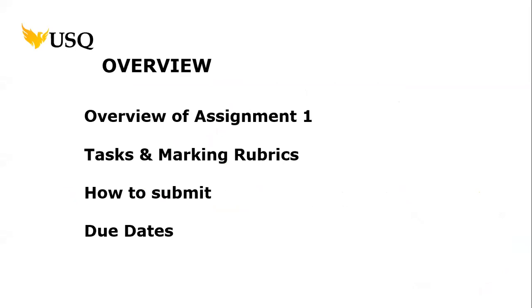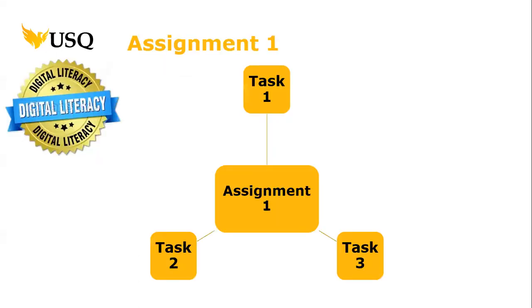And you may already know now that there are 3 different tasks in assignment 1. We will talk about them separately along with their marking rubrics. And I will talk about some information in relation to submission requirements, which is really important. Finally, about due dates as well.